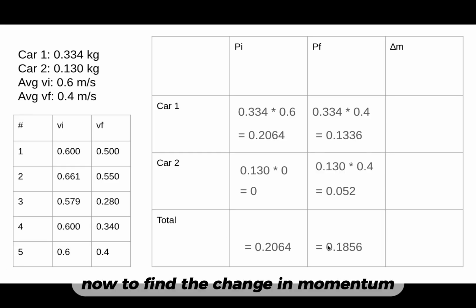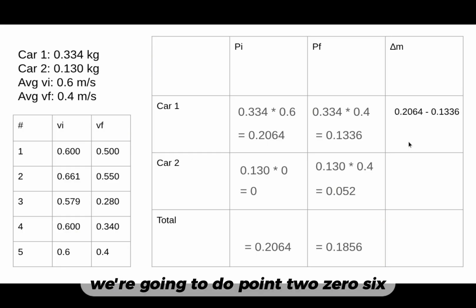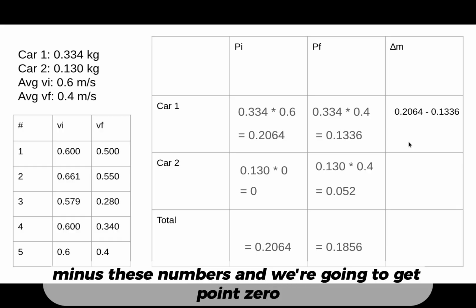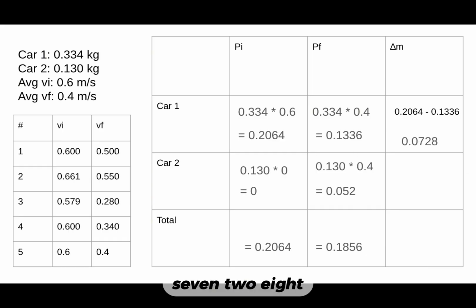Now to find the change in momentum, we're going to do 0.2064 minus 0.1336, and we're going to get 0.0728.